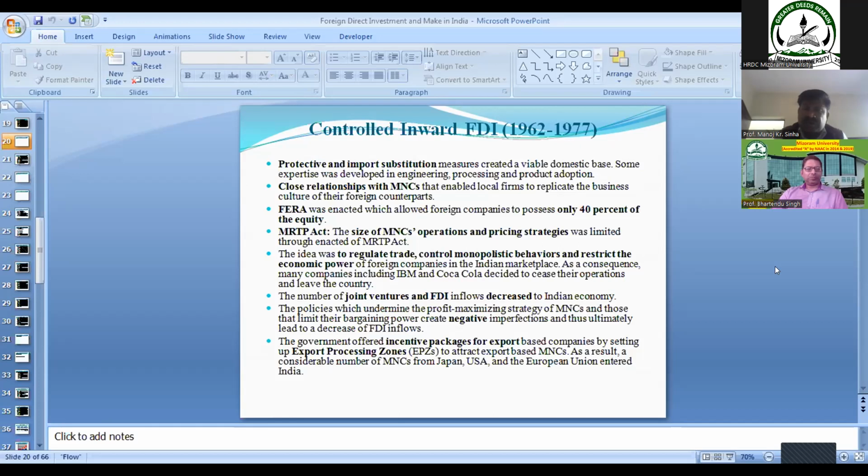Then the Government of India offered an incentive package for export-based companies by setting up export processing zones to attract export-based multinational companies to India. As a result, a considerable number of multinational companies started entering India from Japan, the US, and the European Union.